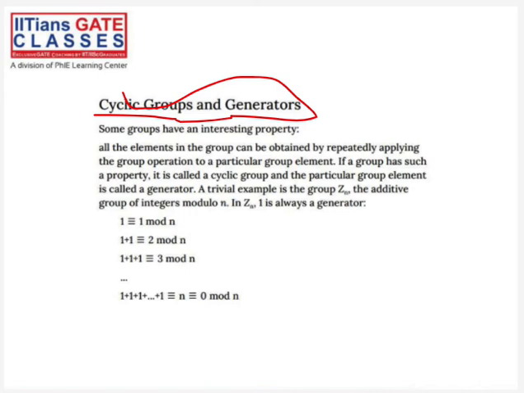Once you have checked that, and let's assume your structure is a group, then you can check whether there exists a generator or not. If there exists an element which can generate all the elements, then you will call this group a cyclic group. So this is your definition, this is your example.